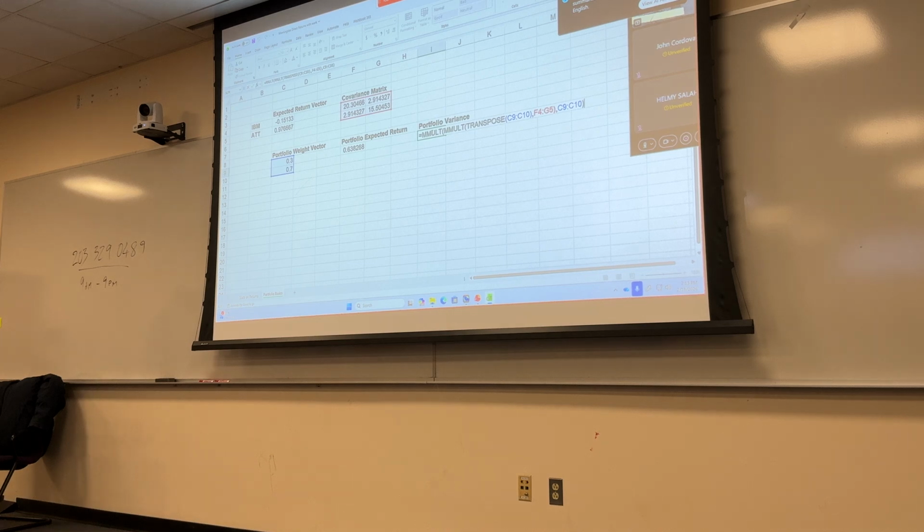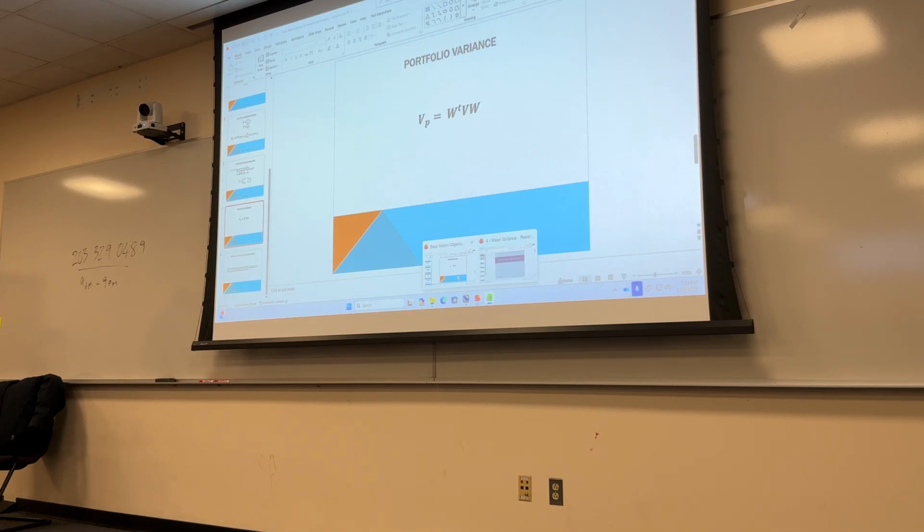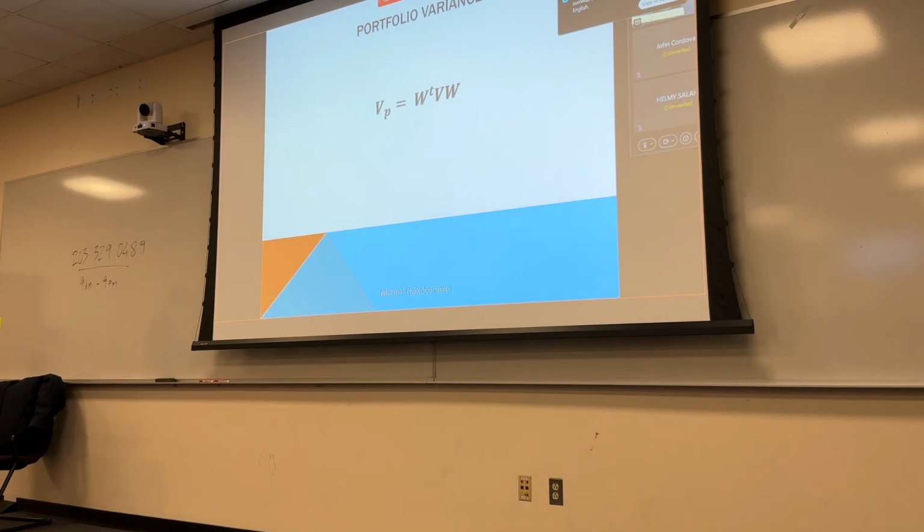I probably should write it down for everyone online as well. So basically I was saying that for a portfolio of 2 stocks, we have 3 terms for the variance of the portfolio.